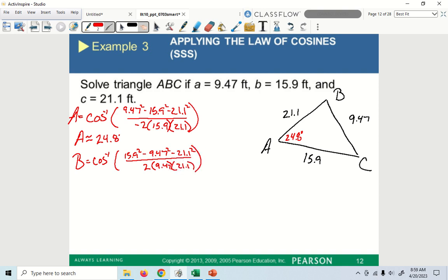Anyone tell Denny where he's wrong? Minus 1. Yeah, you forgot the negative right there. So negative 2, that's important.